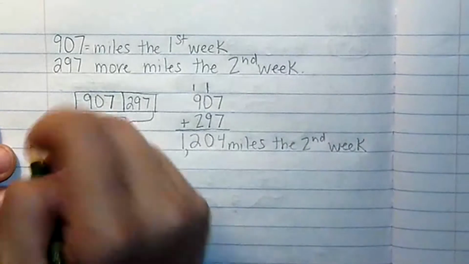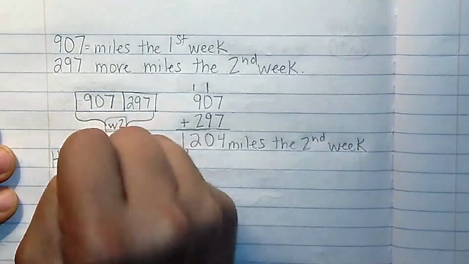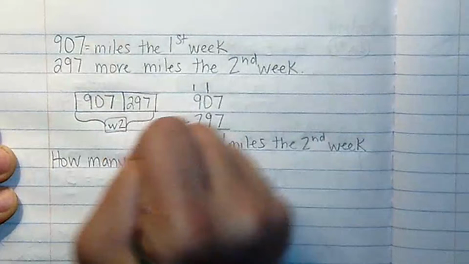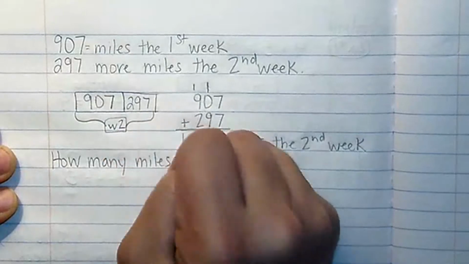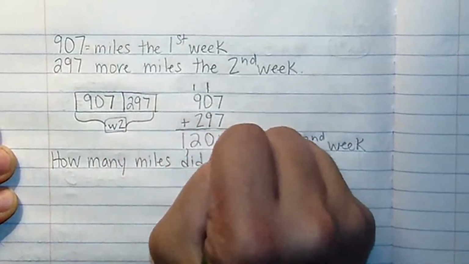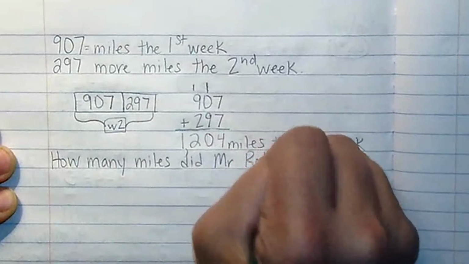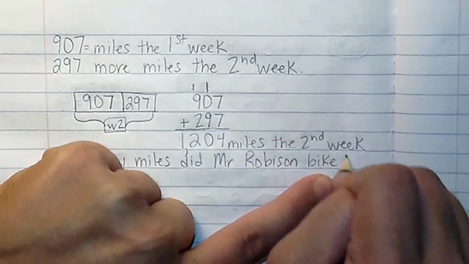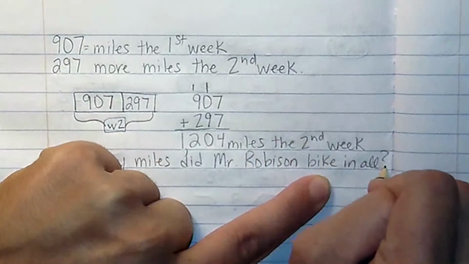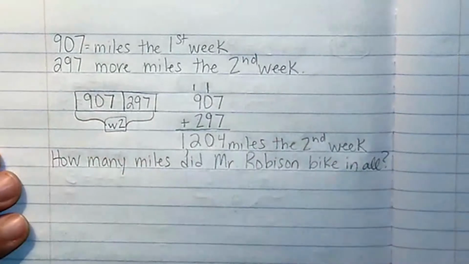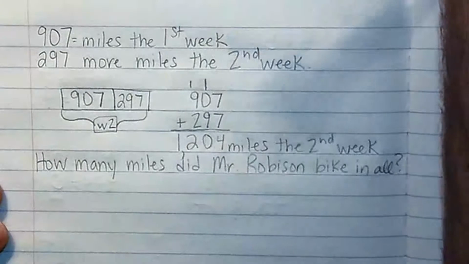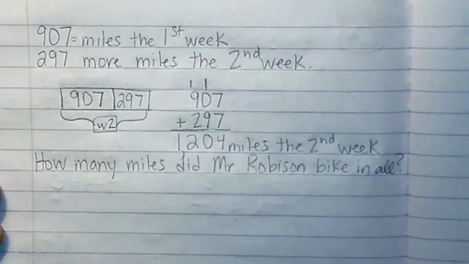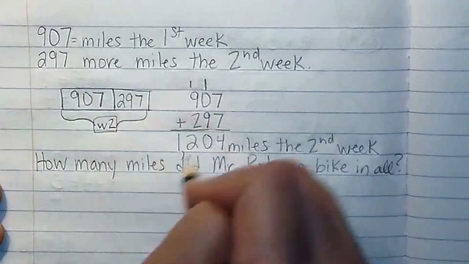Now, if our question asks us, how many miles did Mr. Robeson bike in all? What would I need to do with my numbers? Absolutely, I need to add them together. So I have week 2.